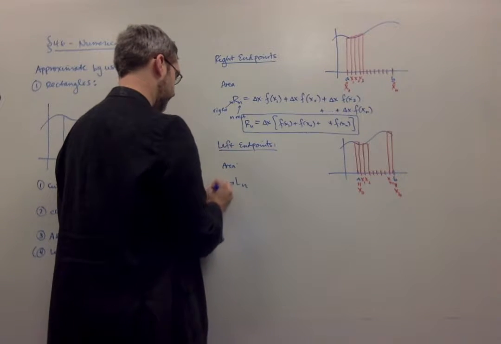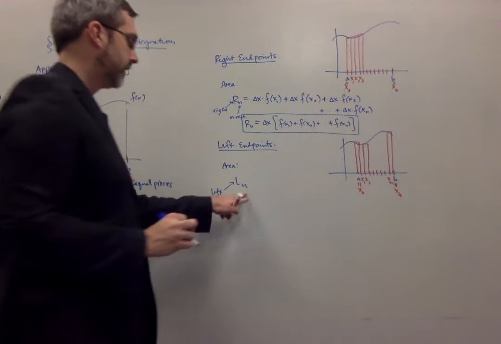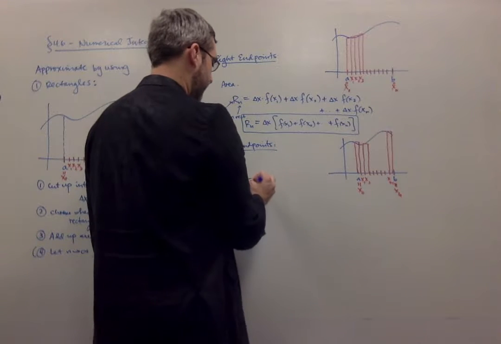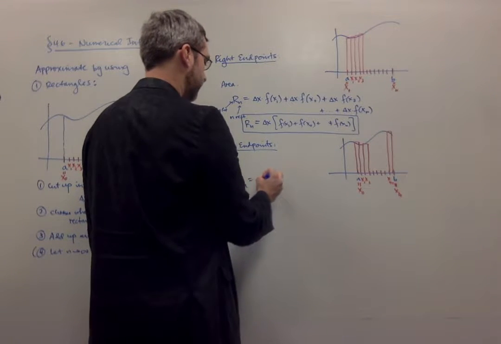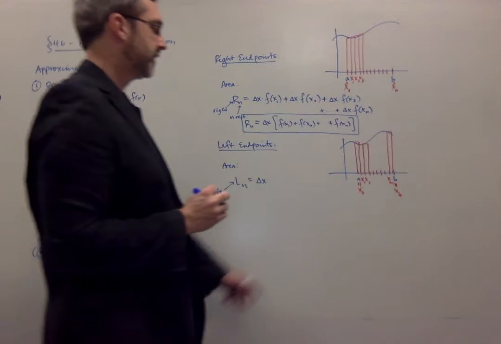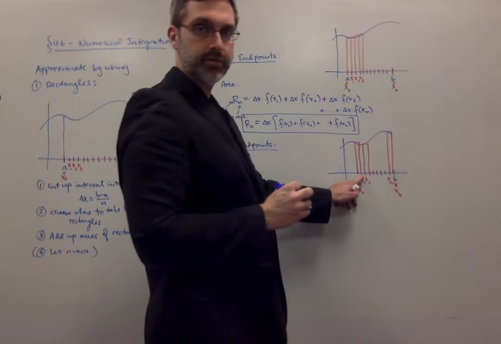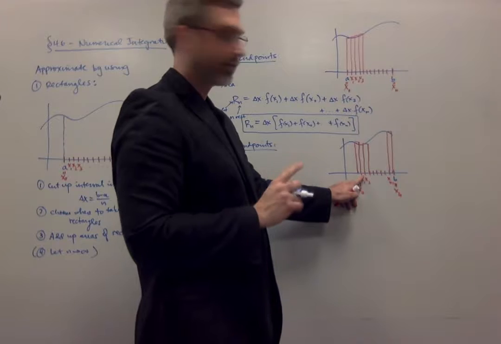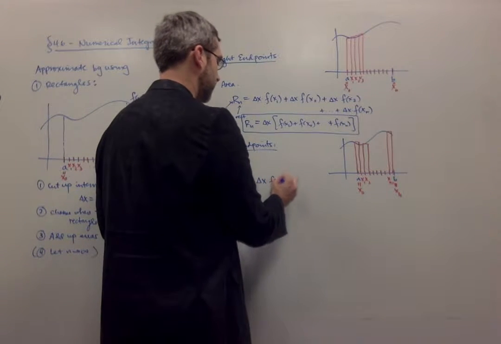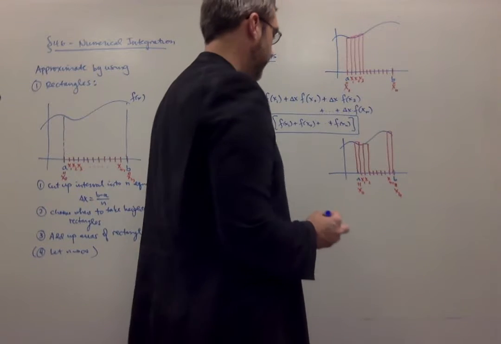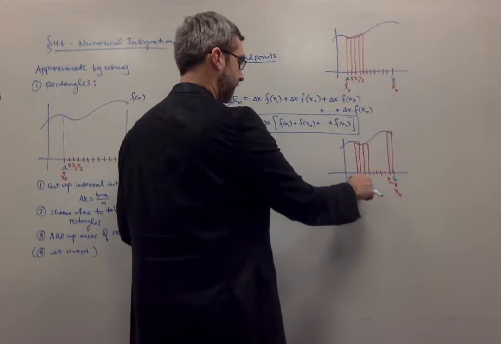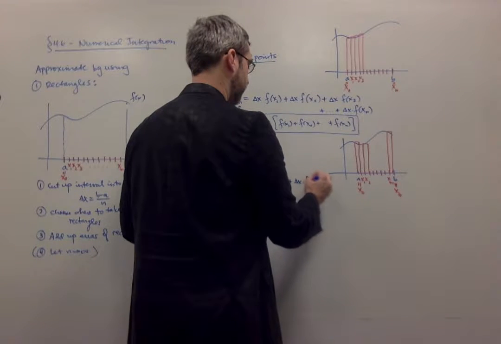So the L stands for left endpoints. And again, we're using n rectangles. So that first rectangle, again, has width delta x. But the height now, instead of being determined on the right side of the interval, it's on the left side of the interval. So the first height is going to be taken at x0, which is going to be at that point A. Next rectangle has width delta x, and the height is going to be what I get when I plug in x1.